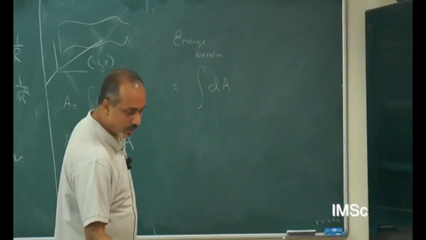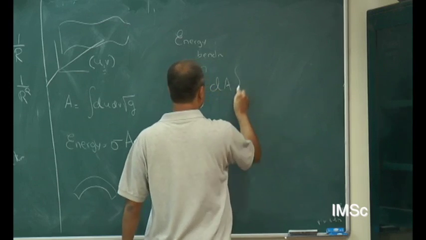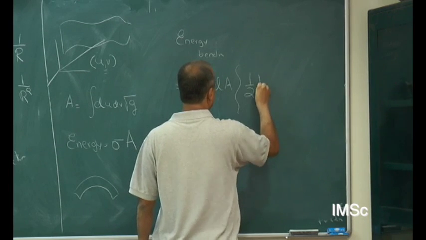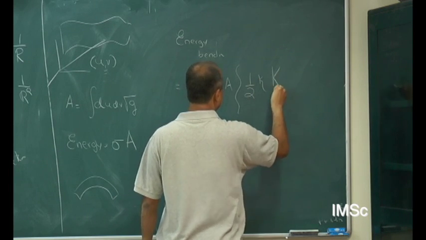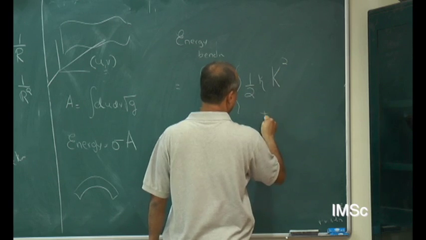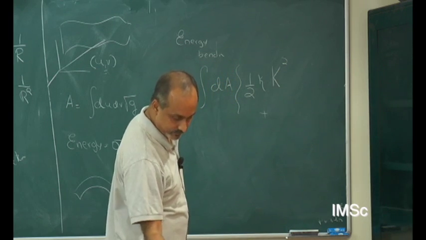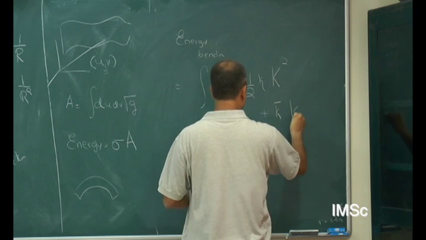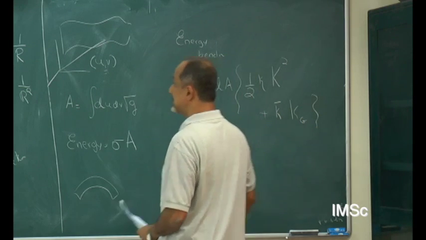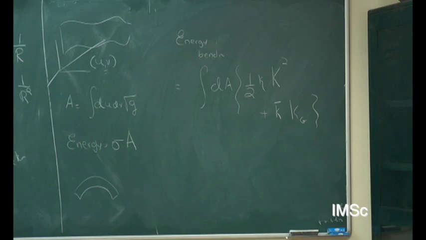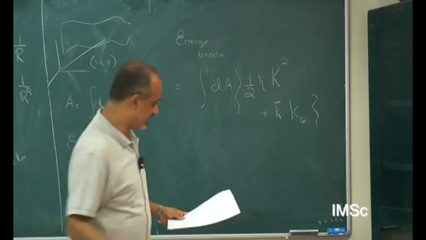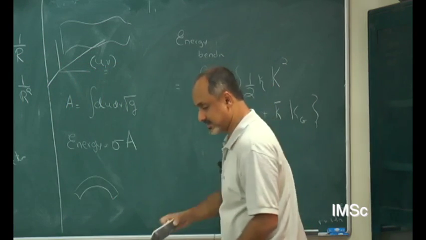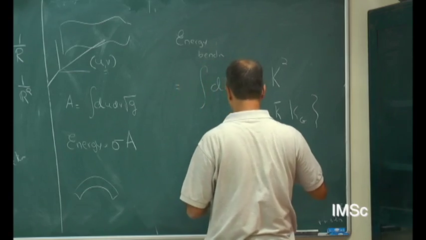And the way it is normally written is as 1/2 times kappa times K squared plus kappa bar times Kg. Let me use a better notation here, slightly different from what I had earlier.